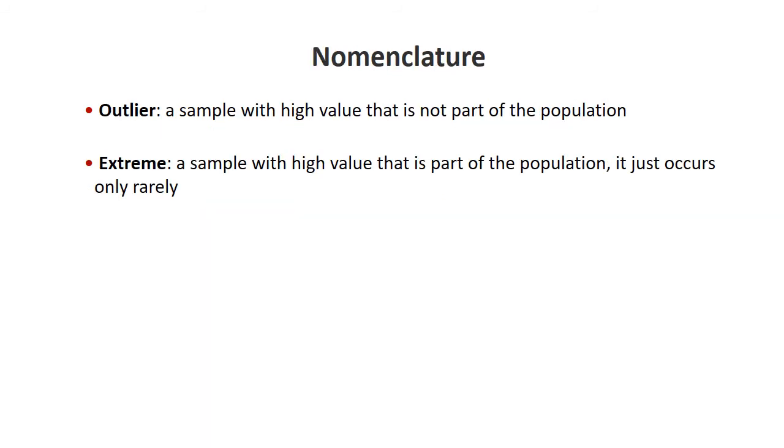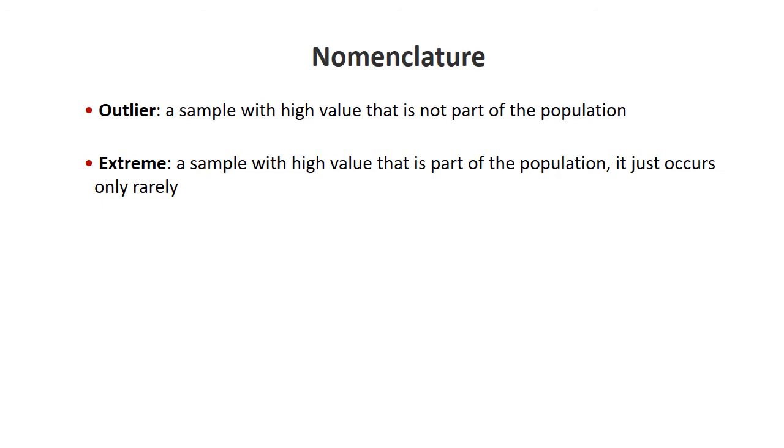First of all, I'd like to clarify a little bit the nomenclature here. When we talk about extreme values, we have to be careful not to equate that to outliers or, let's say, anomalies. There are many names that are being used for sample values that are somewhat high or extremely high, or possibly extremely low, depending on the kind of problem you're looking at.